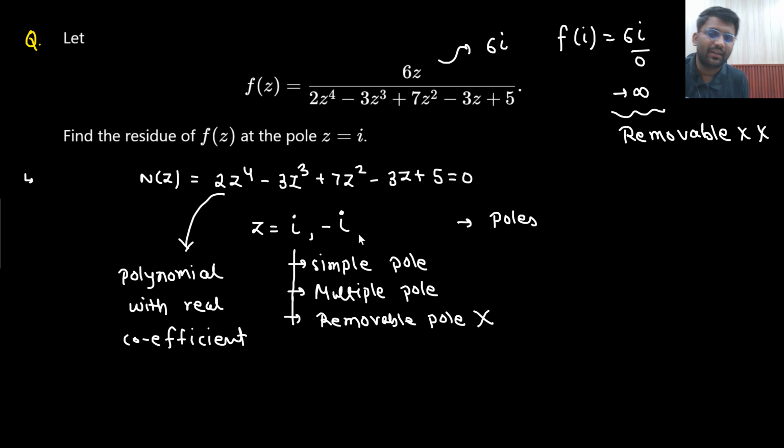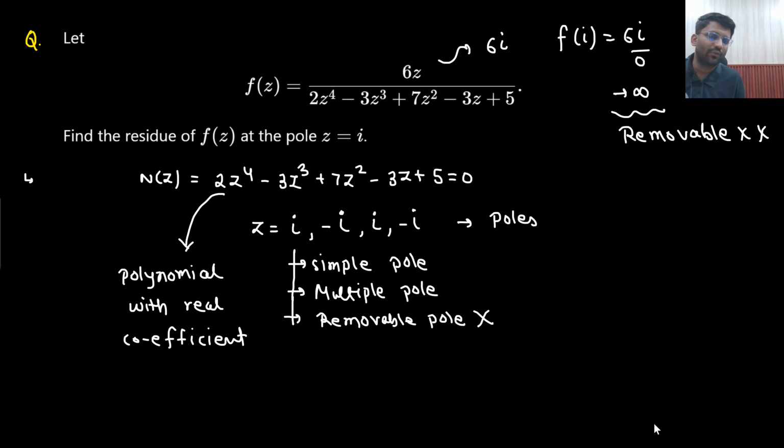That means another root has to be iota, and if another root is iota, then another root has to be minus iota as well. If I am assuming that this iota is repeated, that means iota is a root twice, then the other root has to be minus iota as well.